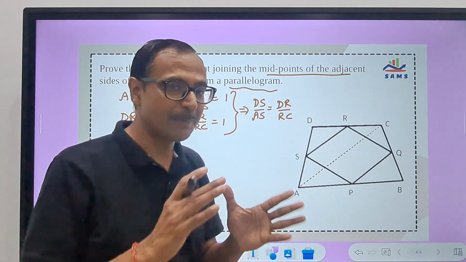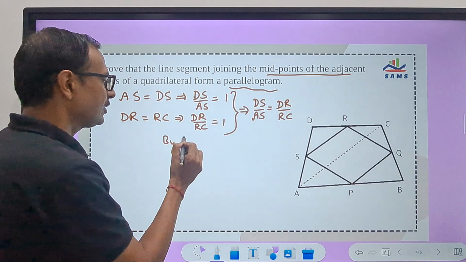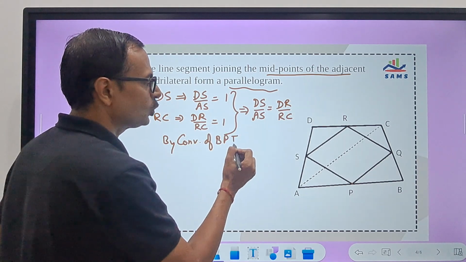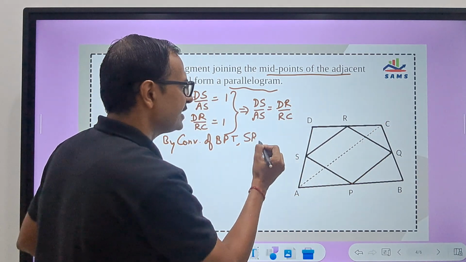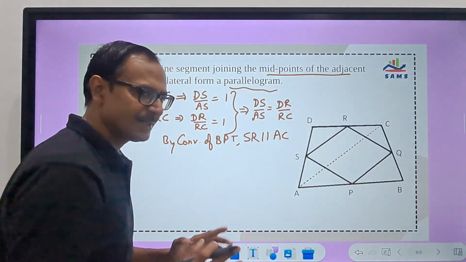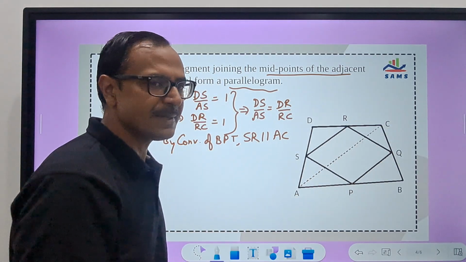Now can we use the basic proportionality theorem? So using this, by converse of BPT, when the two ratios are equal, then this line SR is parallel to this line AC, right? So we managed to prove that SR is parallel to AC.